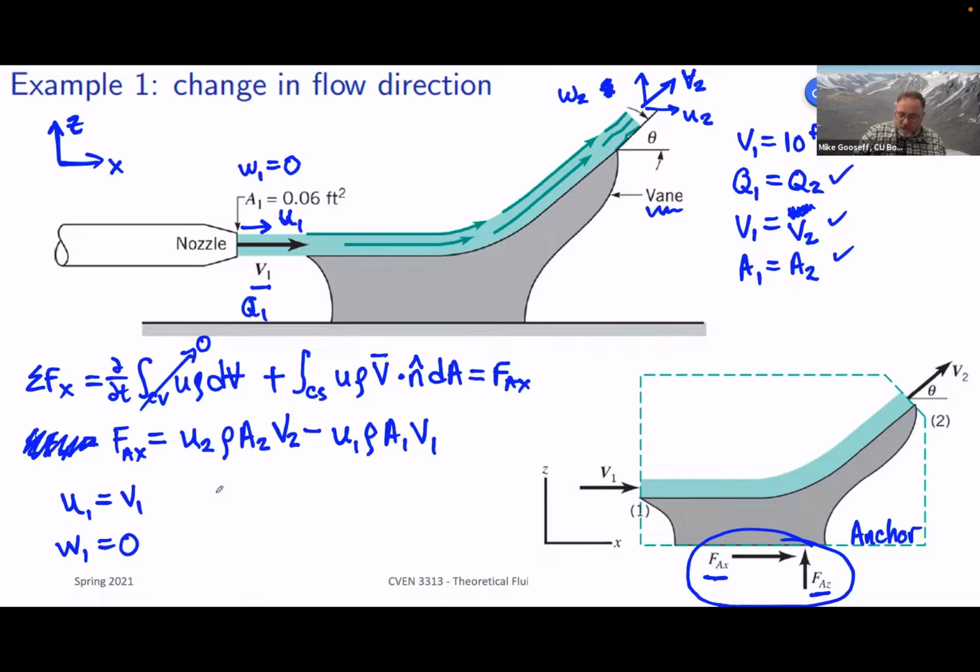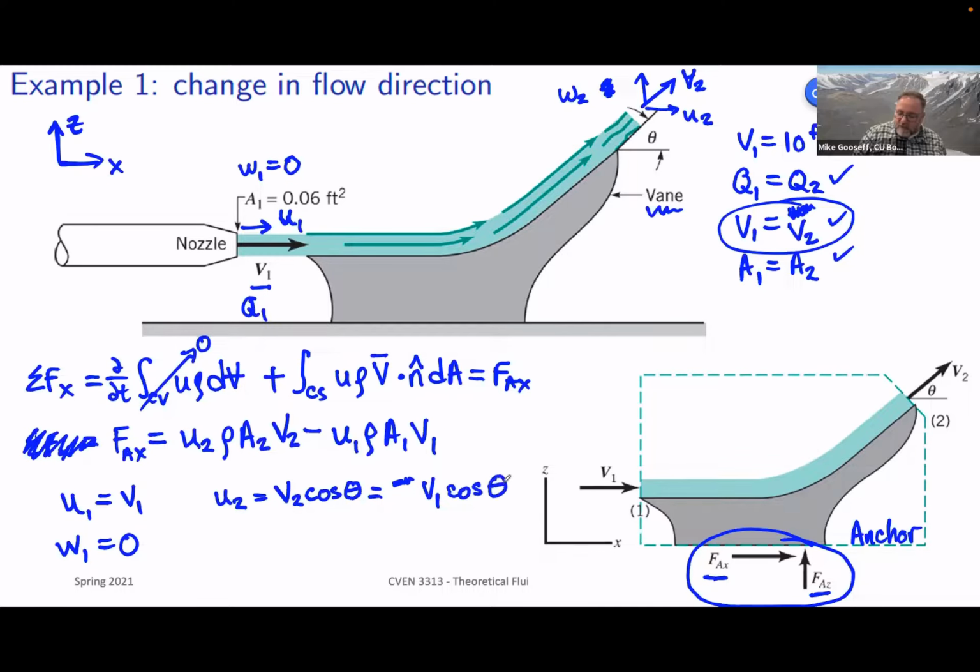We can also note that U2, because V2 is at an angle, is equal to basically V2 times the cosine of theta. But remember that we also said that V1 is equal to V2. So let's rewrite this and put it all in terms of V1 times the cosine of theta.